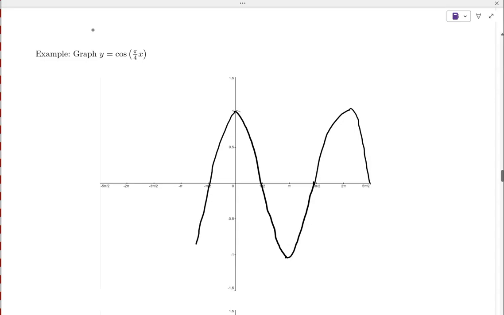Likewise does the same thing on the other side. So again, this number on the inside changes the period. Okay? It either speeds the graph up or it slows the graph down, depending on whether you're stretching it or compressing it.